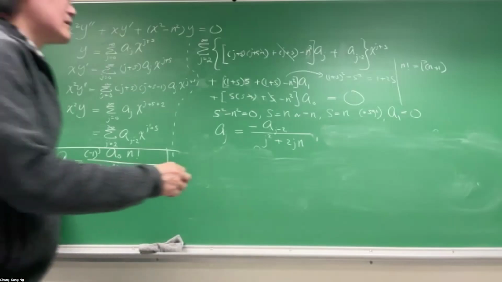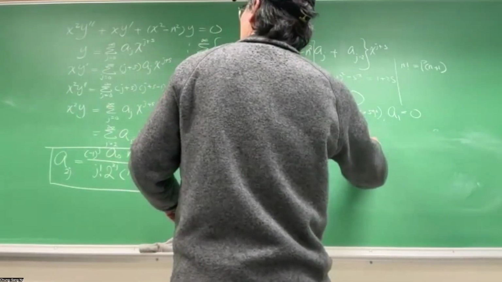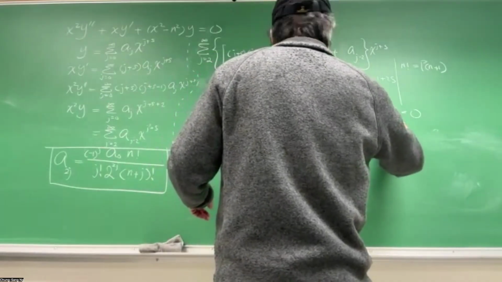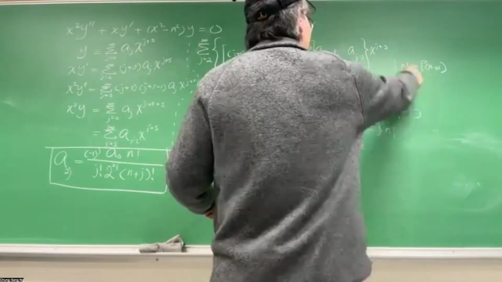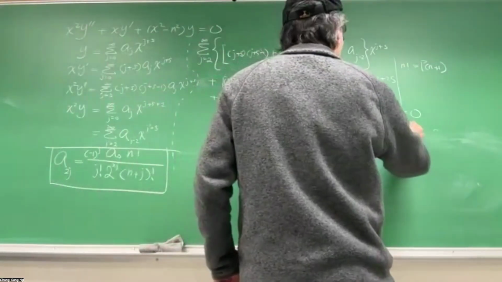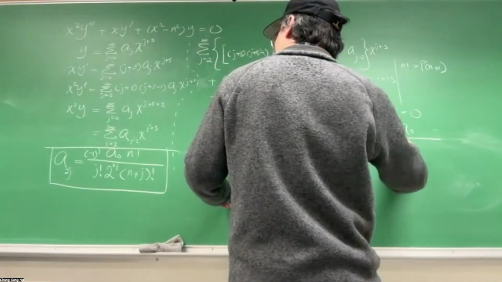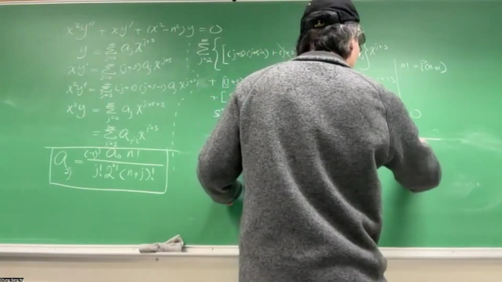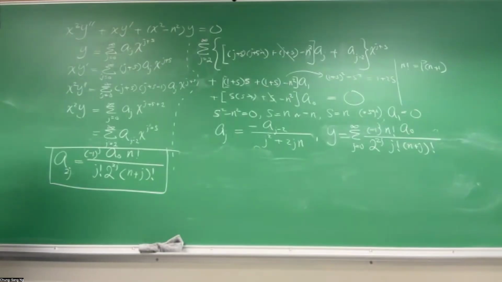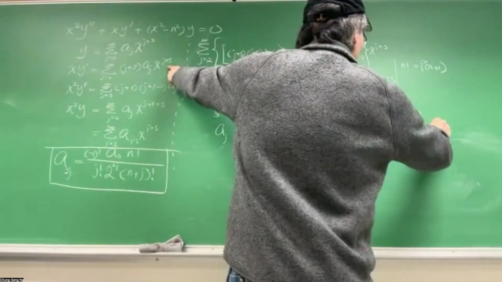But once we have that, we can write down the solution. Y is the sum over j from 0 to infinity of (-1)^j over n factorial, or if you like, the gamma function, which will include the general real n, times a sub 0, over 2^(2j) j factorial, j, and then x to the j plus n.